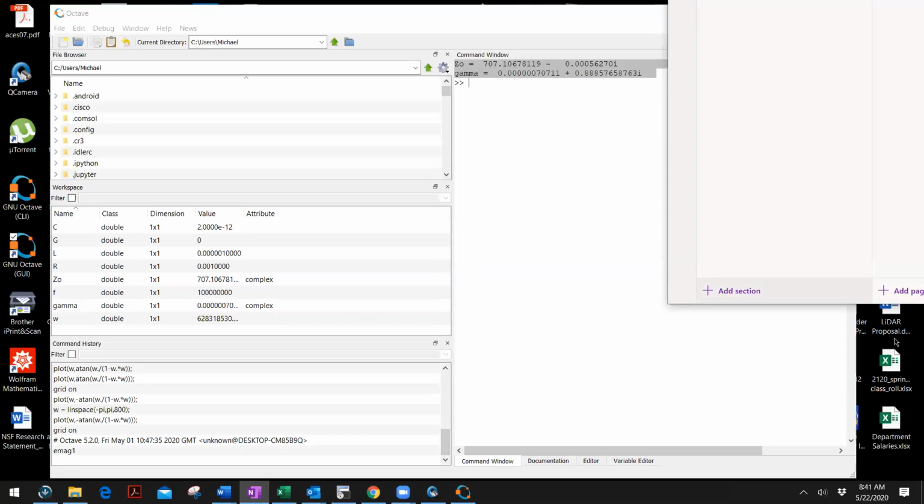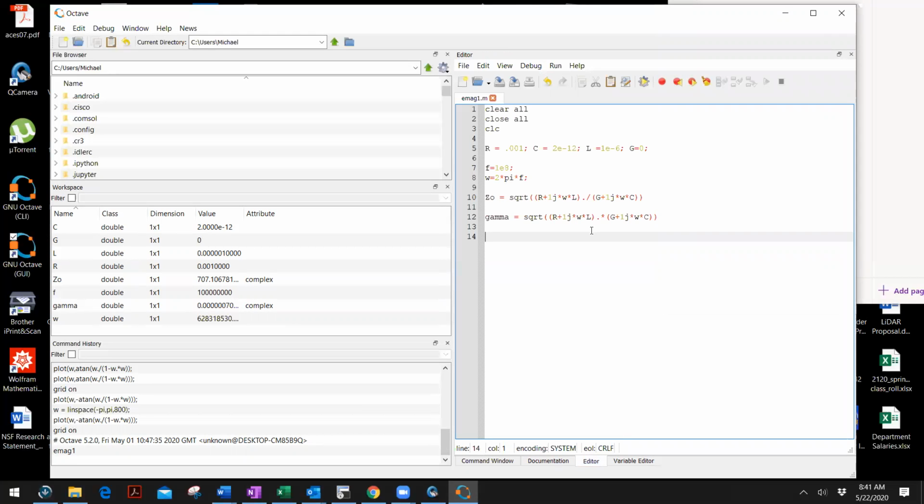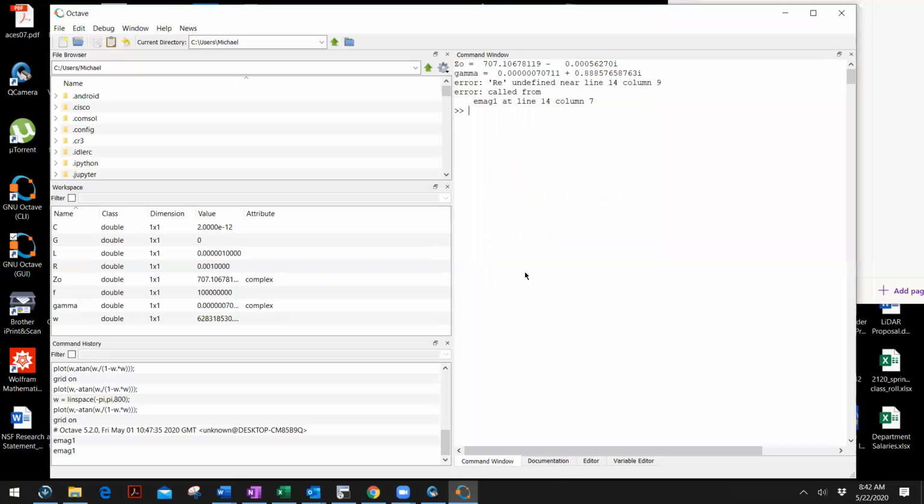And then here, when I go back to the editor, I can say alpha is going to be equal to the real part of gamma. Remember, gamma is equal to alpha plus j beta. And so if I run it again and go to the command window, I got an error.